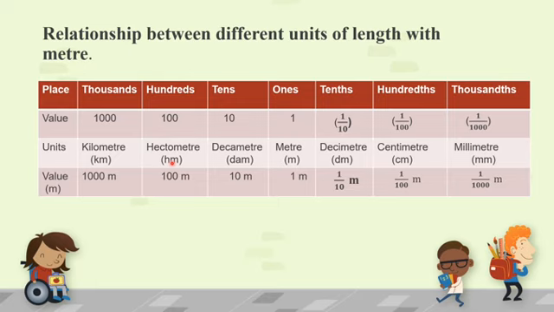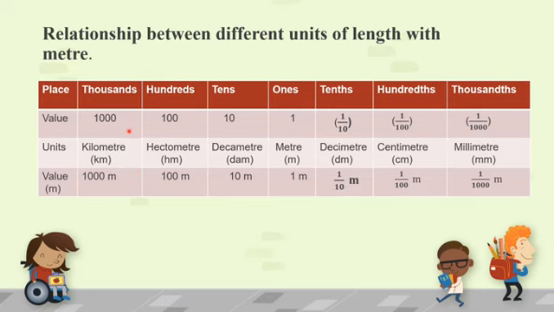Since we are dealing with units of length, we'll be writing units of length over here. And what are the units of length? Millimeter, centimeter, decimeter, meter, decameter, hectometer, kilometer. The value will come according to where each unit is standing.